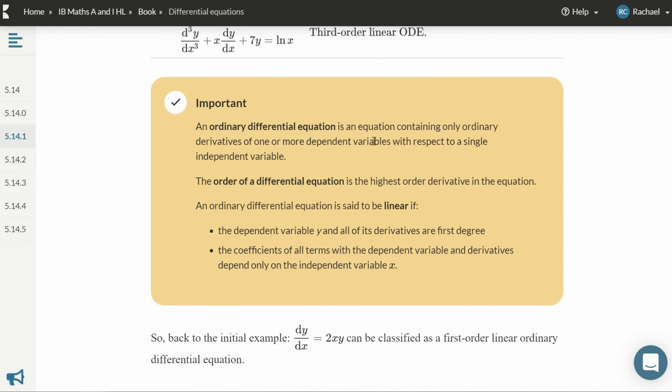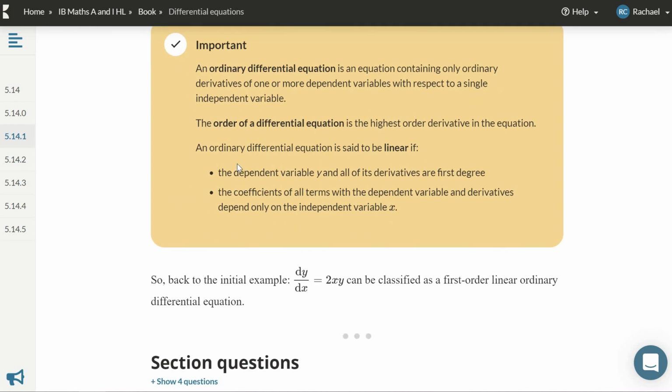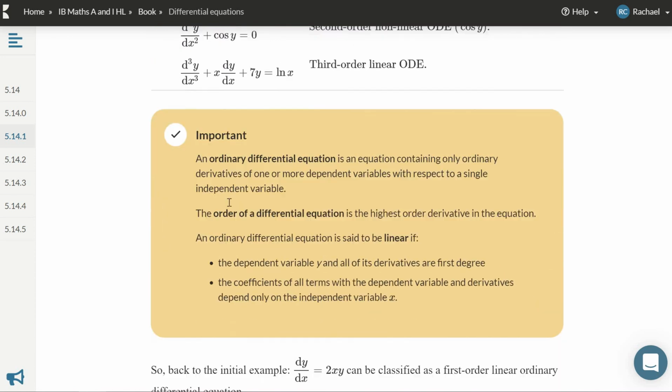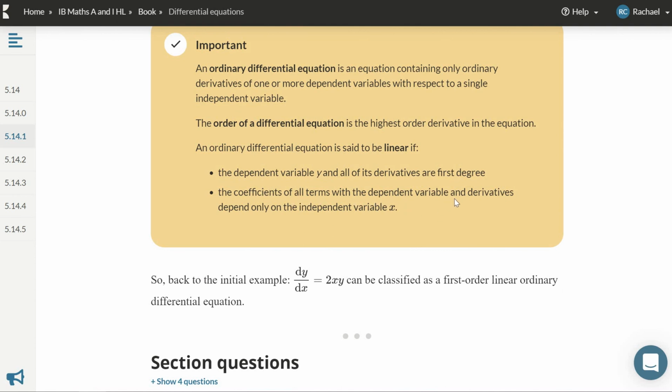So an ordinary differential equation is an equation containing only ordinary derivatives of one or more dependent variables with respect to a single independent variable. The order of a differential equation is the highest order derivative, and an ordinary differential equation is said to be linear if the dependent variable y and all of its derivatives are first degree. Right? So dependent variables are first degree, and the coefficients of all terms with the dependent variables and derivatives depend only on the independent variable x.